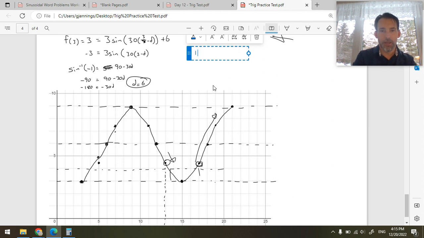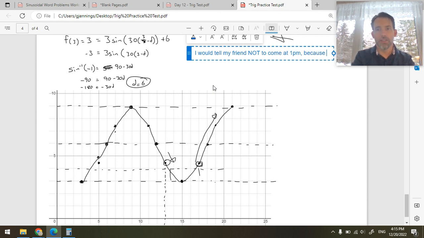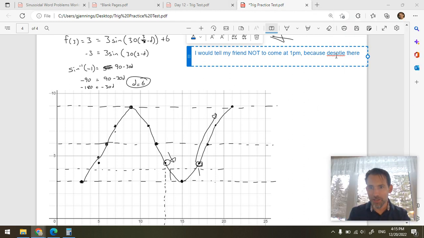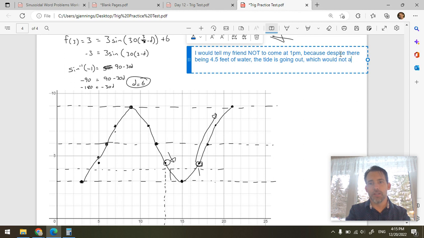Okay. I would tell my friend not to come at 1 p.m. because despite there being 4.5 feet of water, the tide is going out, which would not allow us to have a nice long visit.